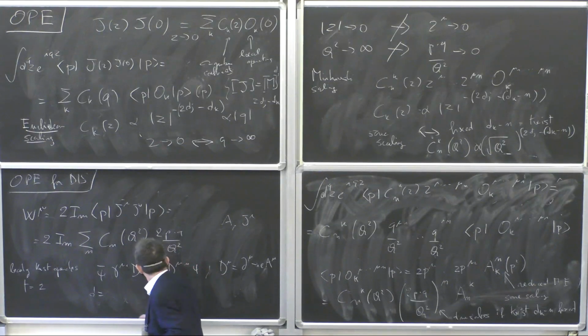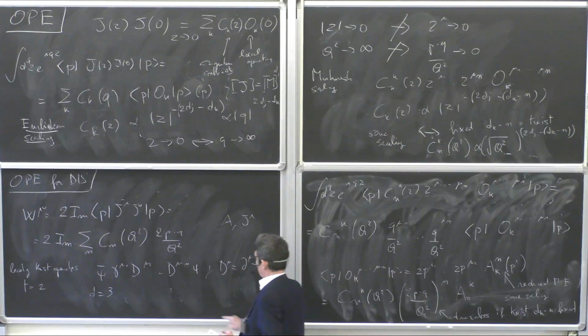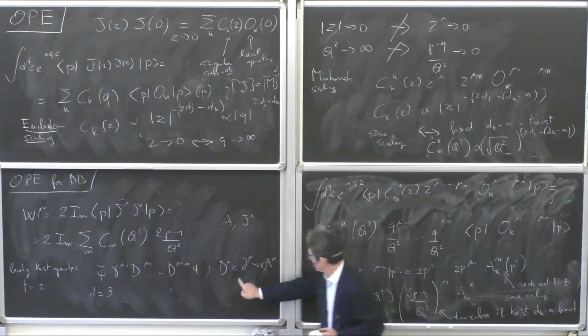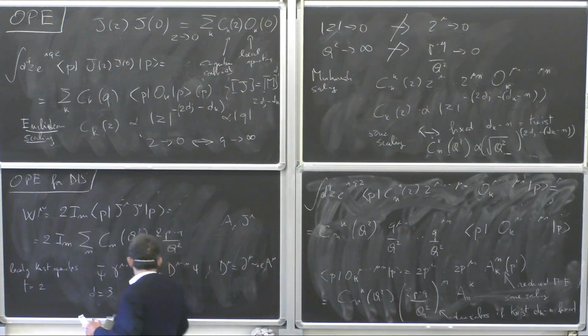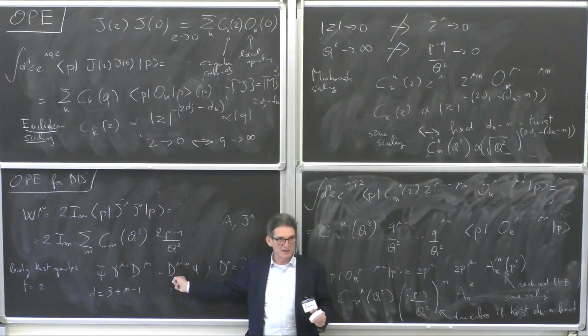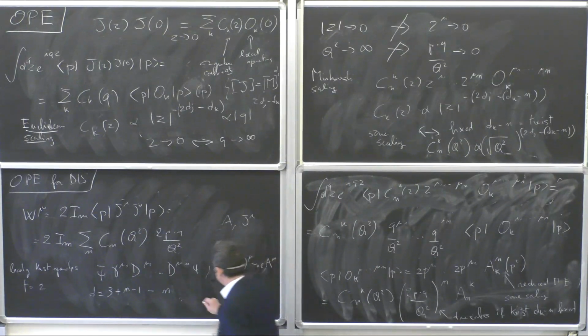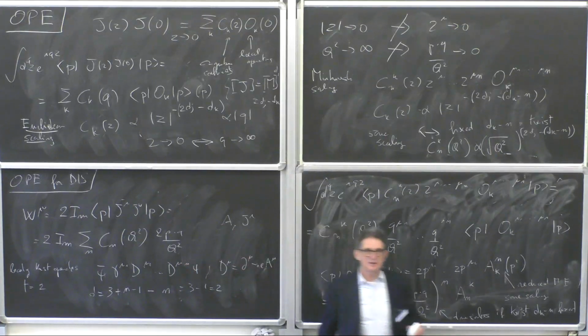and then you have each of these D's carrying dimension 1 because it's a derivative in units of mass. So it's 3 plus n minus 1, because you have n minus 1 derivatives, minus n, and therefore it's 3 minus 1, which is 2, okay?